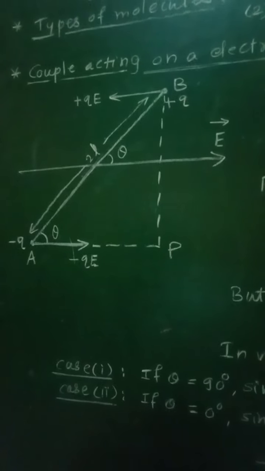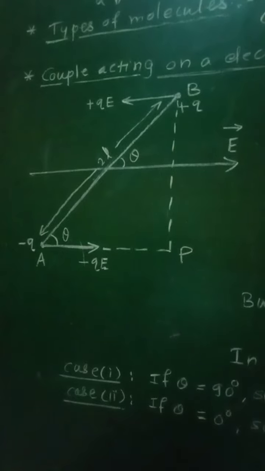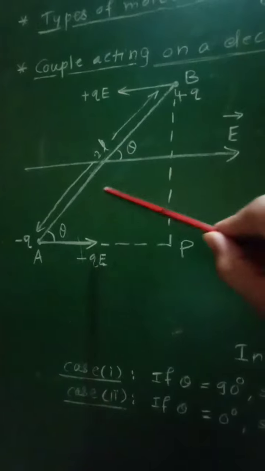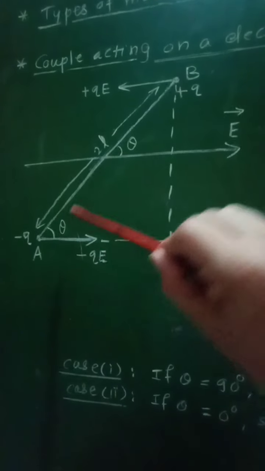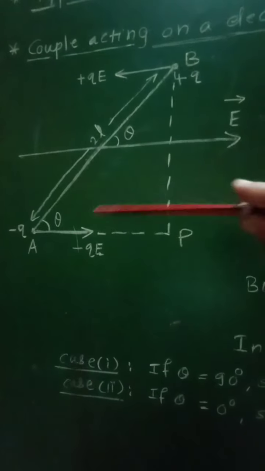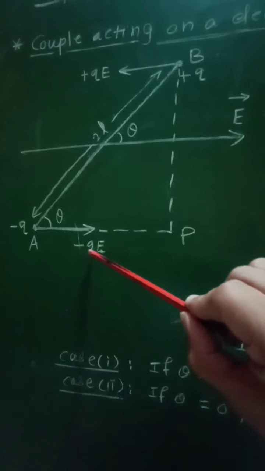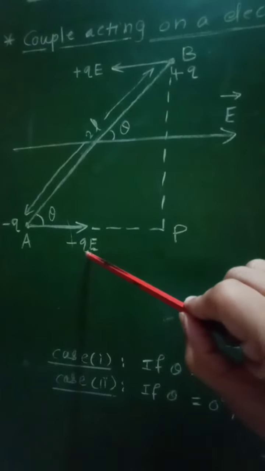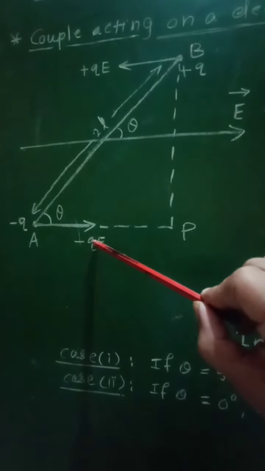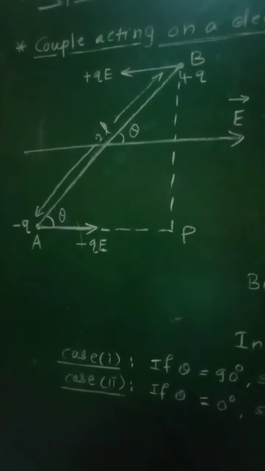When any electric dipole is placed in an electric field, forces will act on the minus q and plus q charges due to this electric field. The force acting on the minus q charge is minus qE, that is, charge into electric field, which is directed in the same direction as that of the electric field.